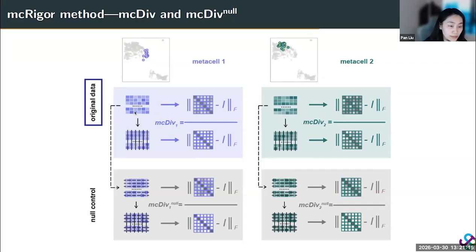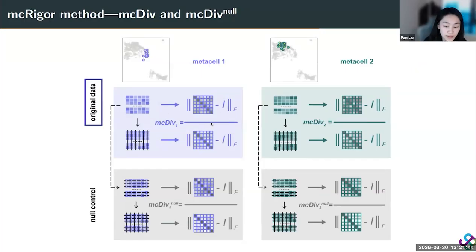Here, this rectangle in the top left box represents the gene expression matrix from this trustworthy purple metacell, with genes as columns and cells as rows. And the square matrix in gray represents the gene-gene correlation calculated from the corresponding expression matrix.